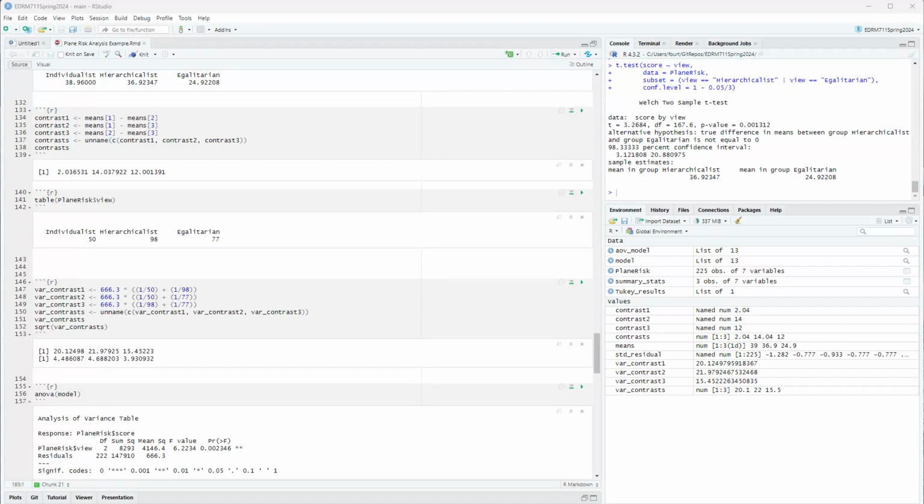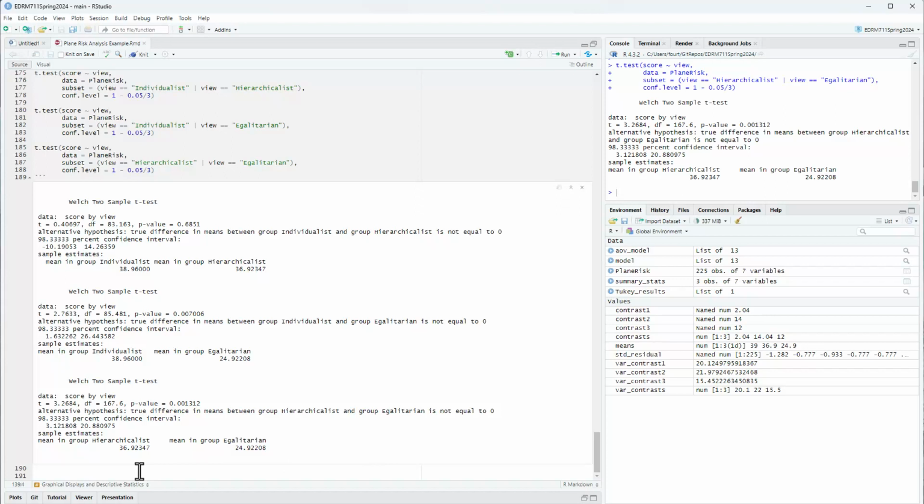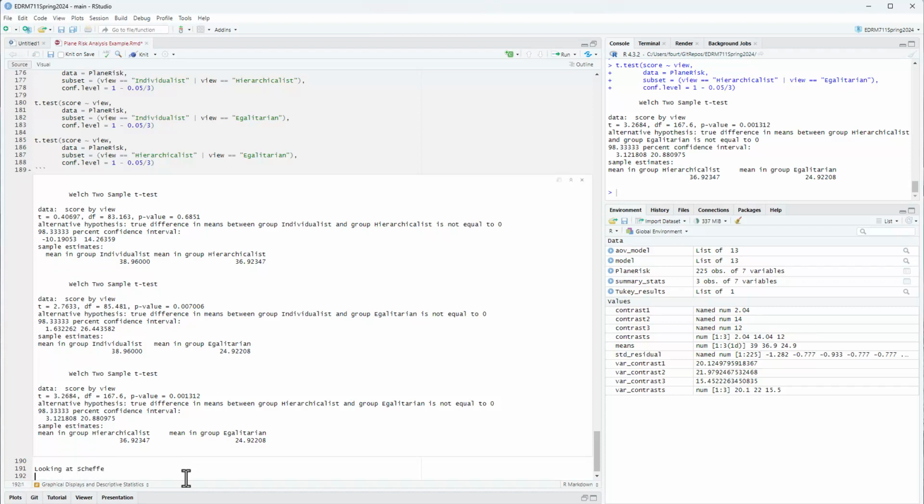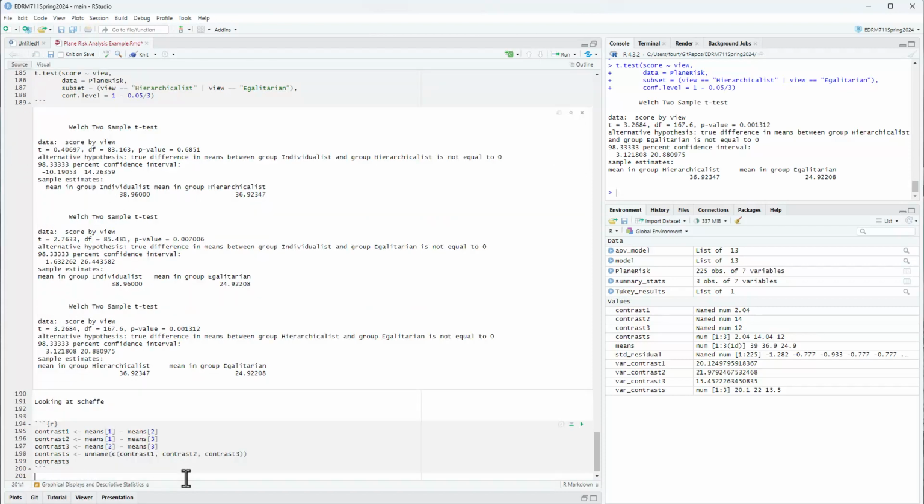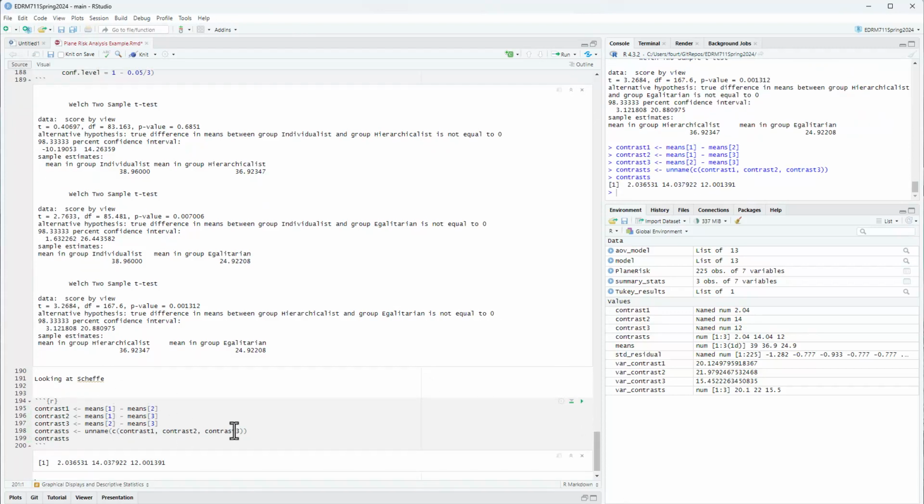When we were learning about contrast and what they meant, we created this little code chunk here. I'm going to go ahead and copy it down below so that we can reuse that as we look at Scheffe. So this would tell us the difference between each pair of means.